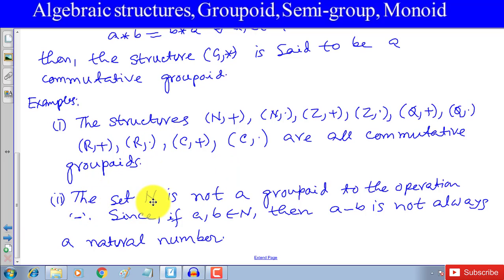The set N of natural numbers is not a groupoid under the operation minus, since if A, B belongs to N, then A minus B is not always a natural number.